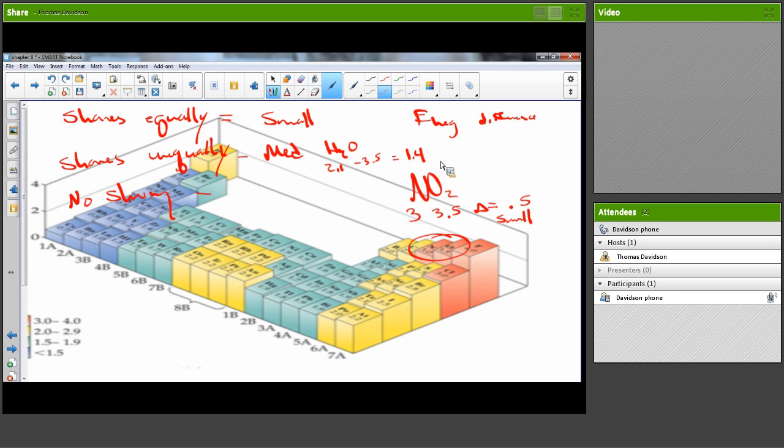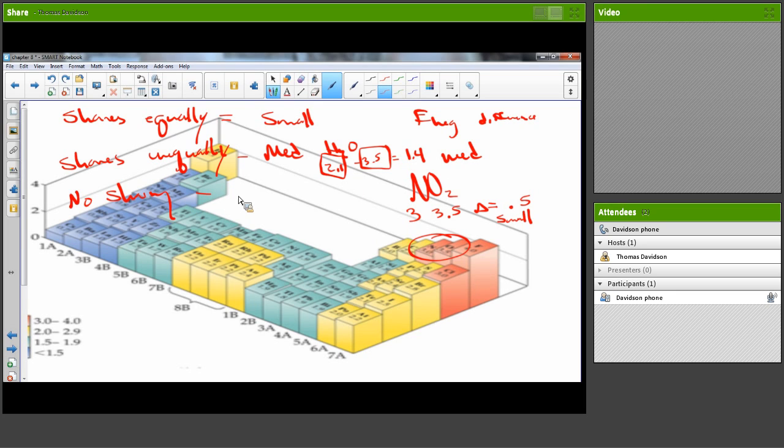So 1.4 is considered a medium difference. So if there's this medium difference, then the one that's pulling harder is going to have the electrons more than the one that's pulling less hard, which means we make a polar covalent molecule. We have a positive side and a negative side.